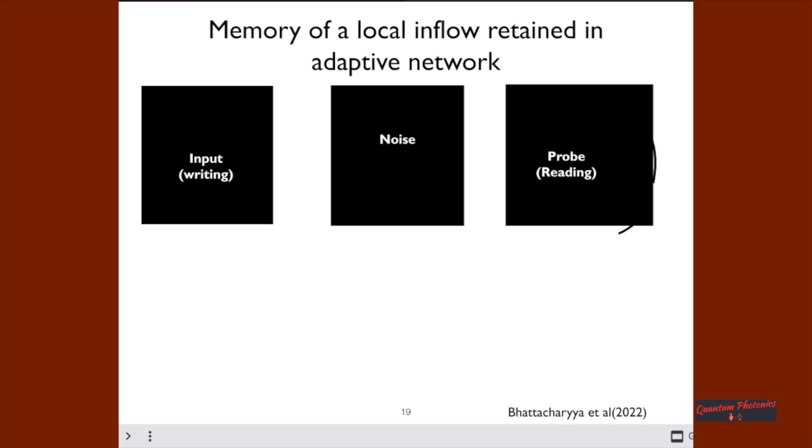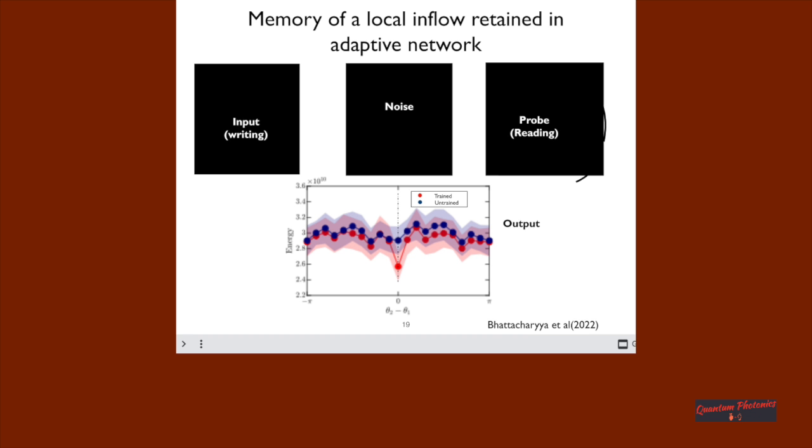And as you can see in the plot of the output of the readout, what we plot is how the network reacts to the stimulus that is applied to the network, and to the direction of the probe stimulus. We measure the energy dissipation of the network along with the direction of the probe stimulus.